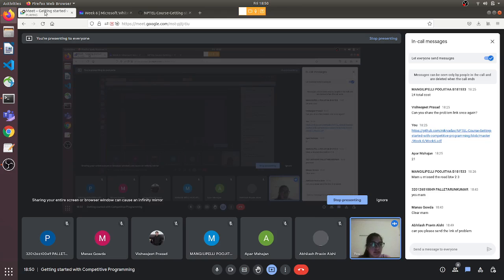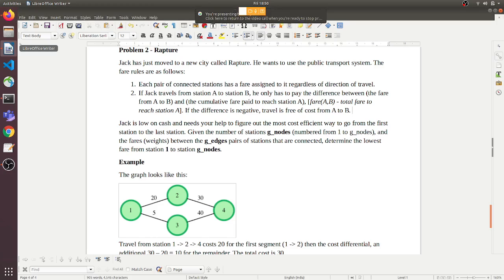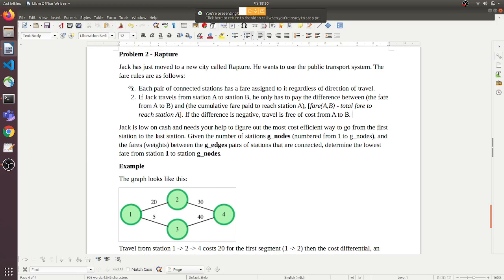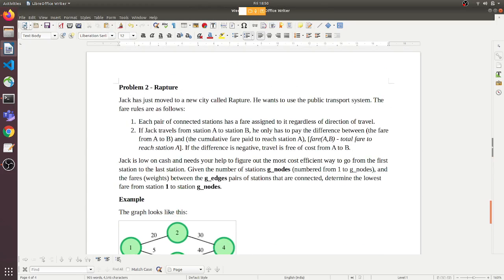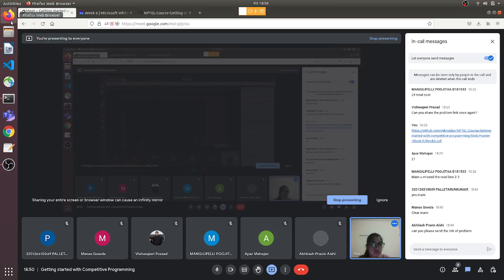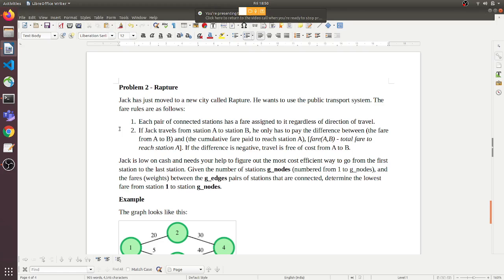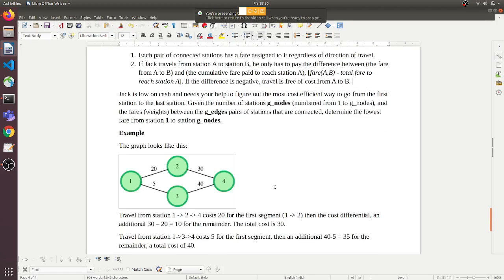Send the link. It is in the same PDF. It starts from the next page, page 4. Okay, and now coming back here, I hope the question is clear.